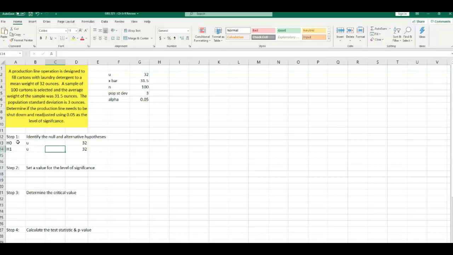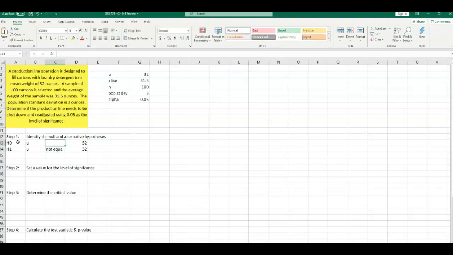So in this case, we would need to shut down and readjust our production line if we put too much laundry detergent or not enough laundry detergent in these cartons. And since we would reject on either side, that tells us that it is a two-tailed test.